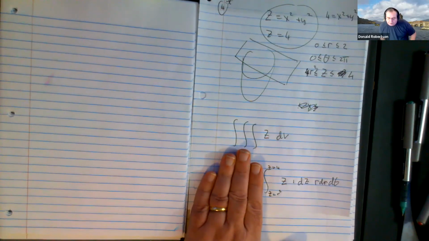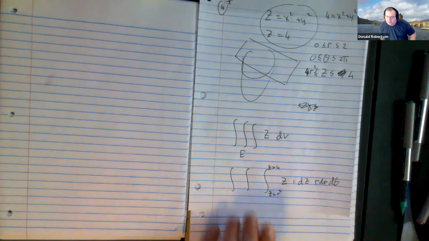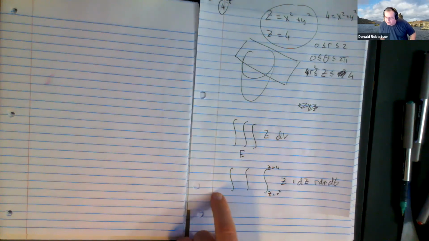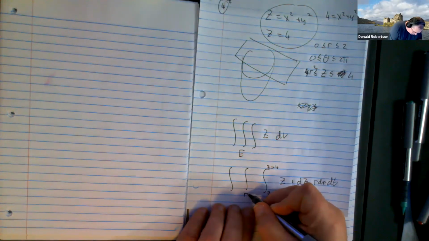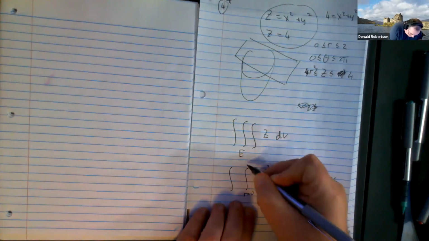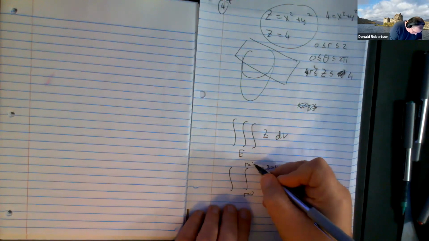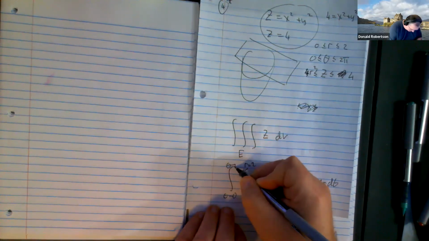What about the other two? Aren't they going to be r and theta? Can I switch them in any order I like? Yeah, they're both numbers, so no particular reason. 0 to 2 and 0 to 2 pi.